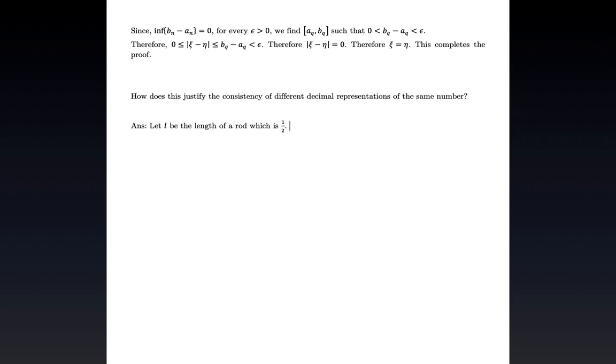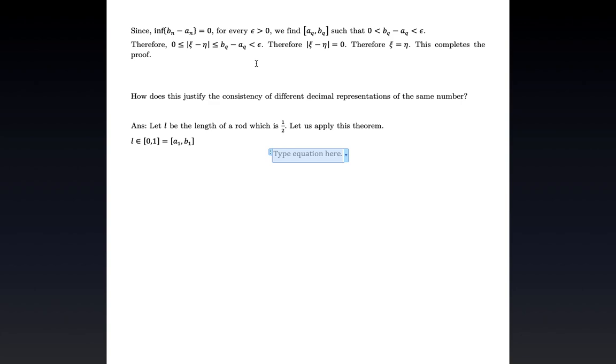Now let us apply this theorem. Firstly, L belongs to [0, 1]. Call this A1, B1. We do not have any problem in that.